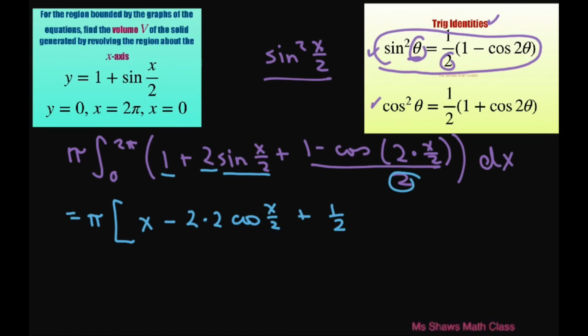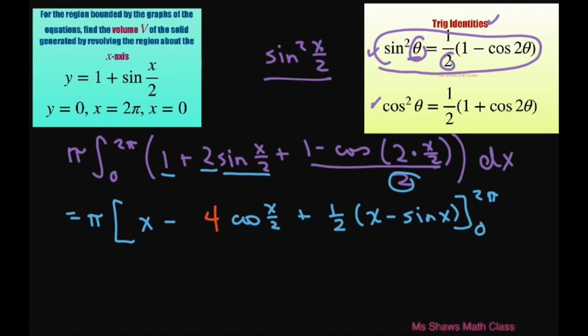I'm just pulling out the 1/2. And then we have x minus sine of x. And this is going to be from 0 to 2 pi. Now, if I simplify this further, let's just not waste another line and put a 4 here, because that was 2 times 2.